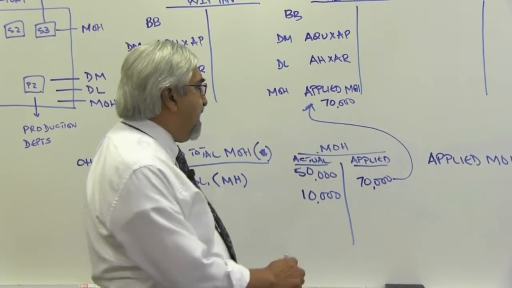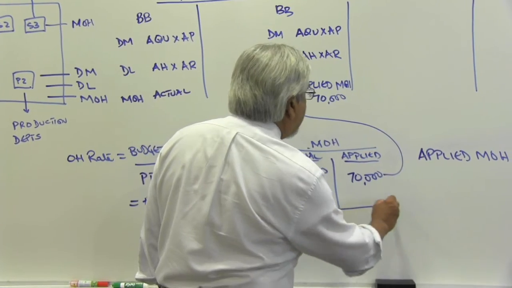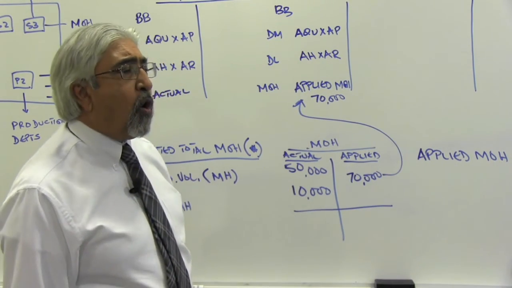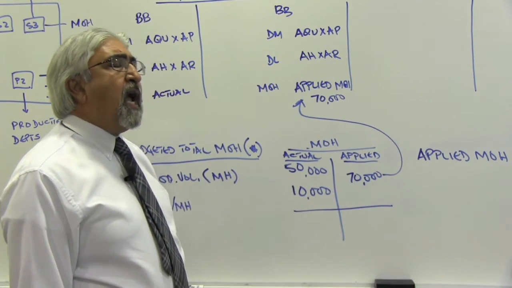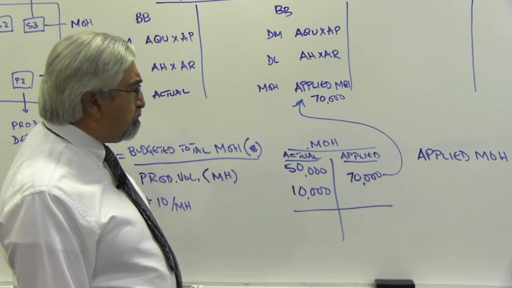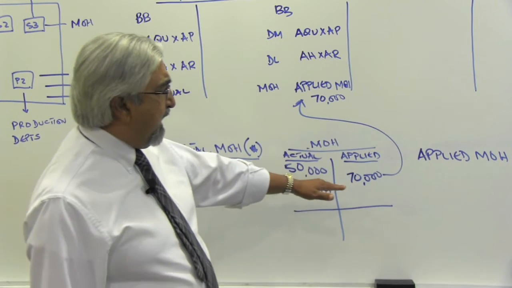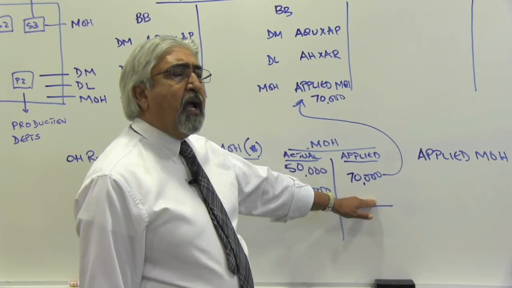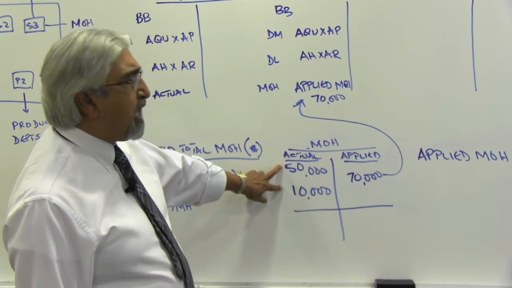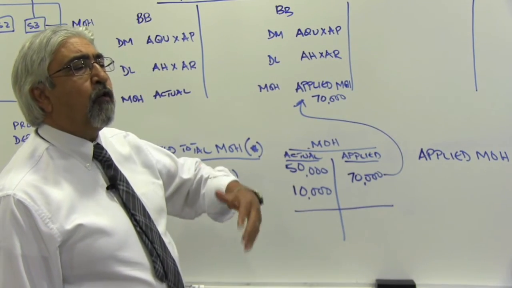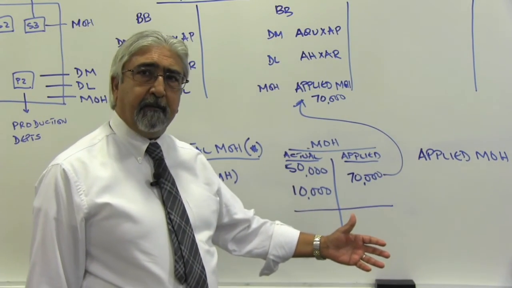At the end of the year, we have to find out whether there is a debit balance or a credit balance, and these are called over applied or under applied. So let's say the amount applied is 70,000, the amount incurred is 60,000. This is a case of over application.